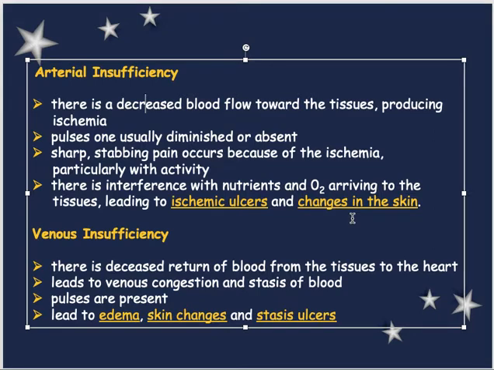Rather, there is stasis of the blood and congestion of that area, which will lead to other changes, seen as edema, a collection of fluid. There will be certain skin changes, and there will be ulcer formations. Also, in arterial conditions, there can be ulcer formation.